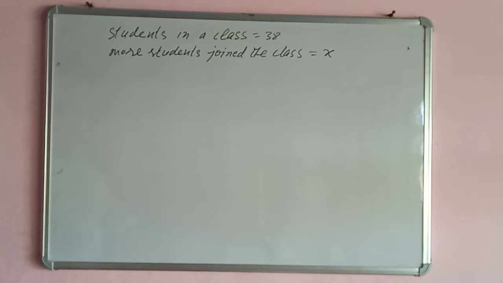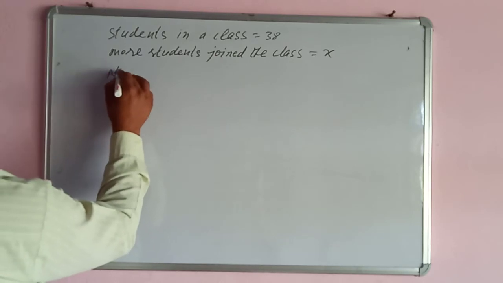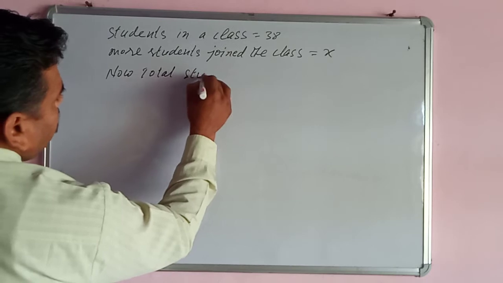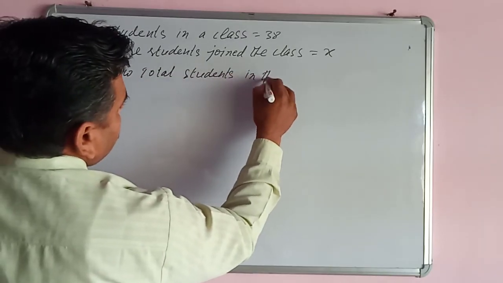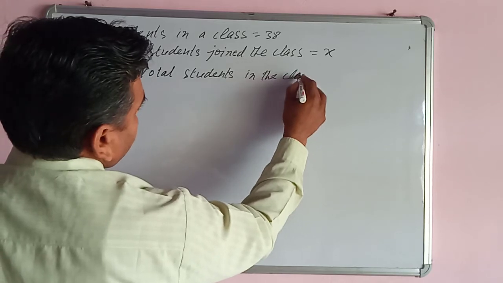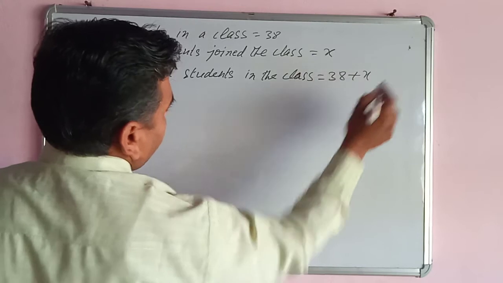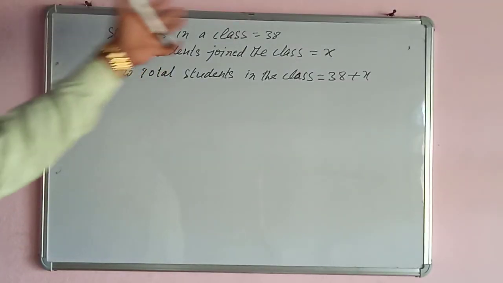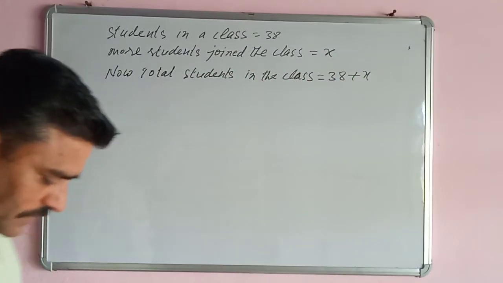Now how many total students are there in the class? Total students in the class are 38 plus x. 38 students were already there and x more students join the class. Now it becomes 38 plus x.